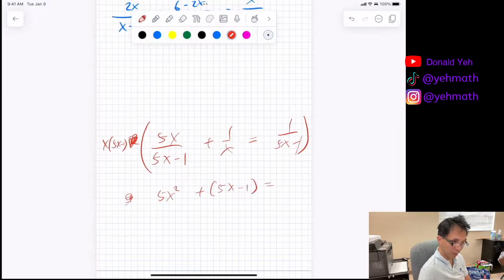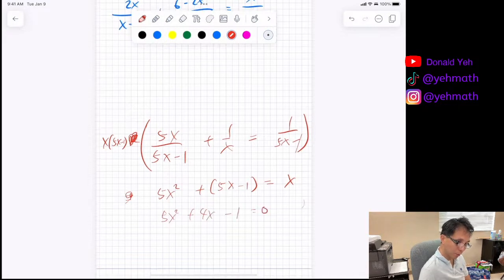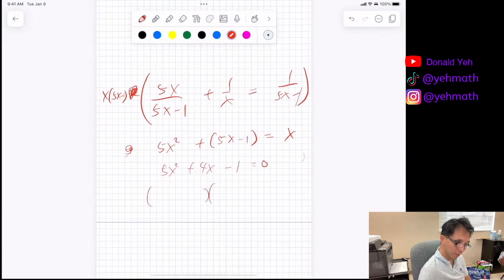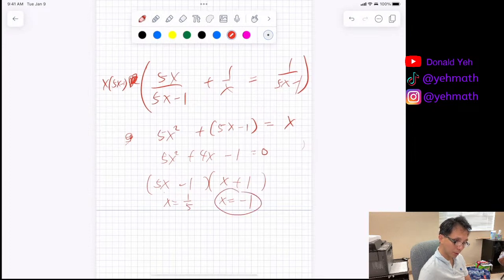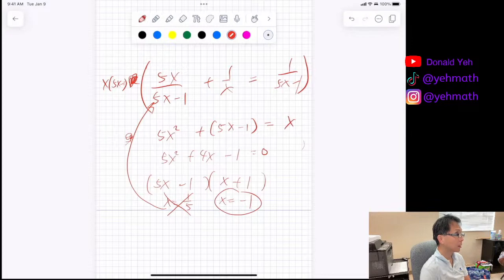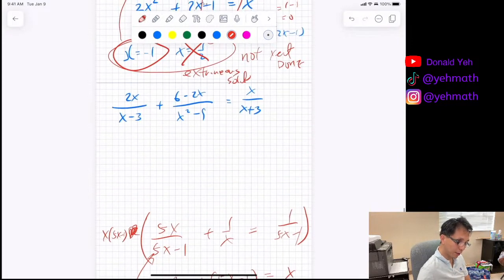This is equal to what? And then 5x squared plus 4x minus 1 equal to 0. What's the factor of this one? Okay, x equal to 1 over 5, x equal to -1. Which one's the solution? This one's extraneous because when you plug in here, it's undefined. Now you guys go do this one.